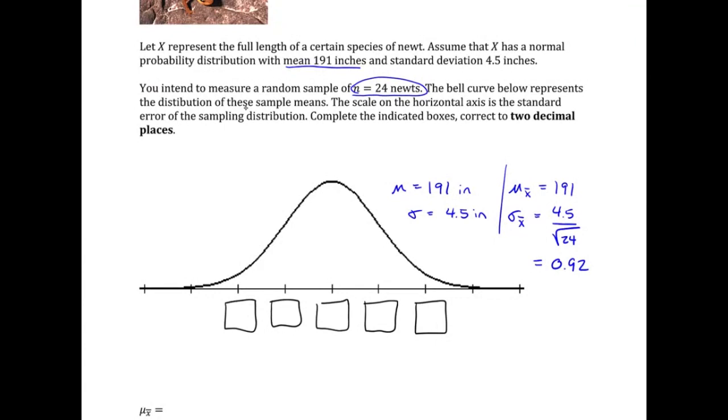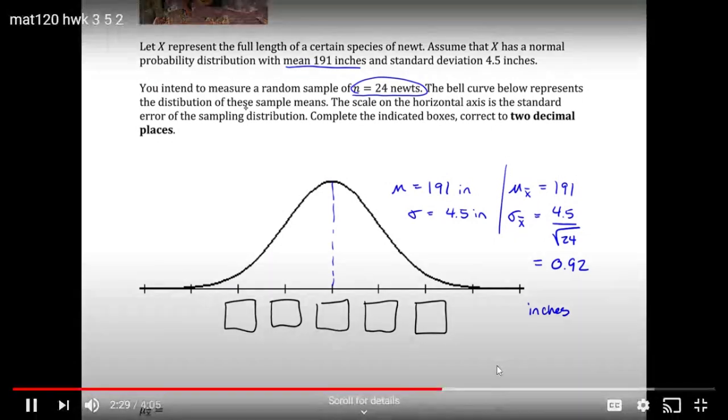Now, to label the axis, it is still measured in inches. The mean is still located right in the center, whether we have a sampling distribution for the mean or just the population, which is normal, because both are normal distributions.